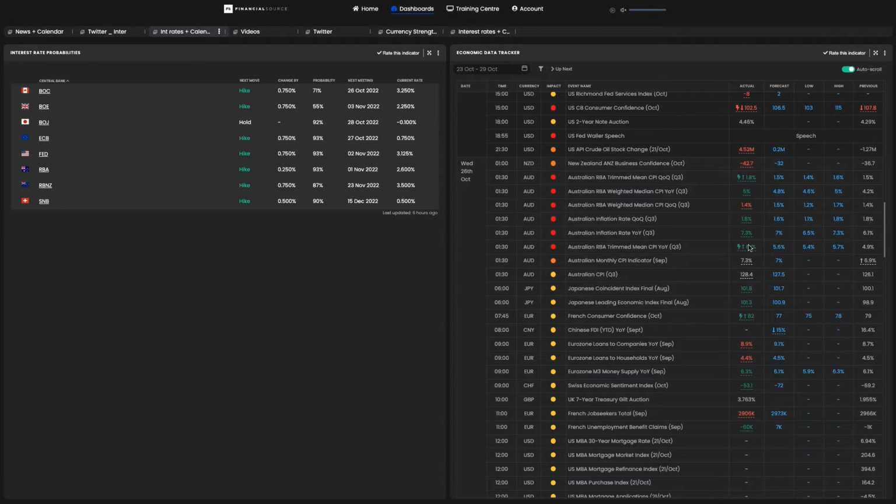The trim mean came in above the highest expectations at 6.1%. And the trim mean quarter on quarter came at 1.8%, above the high expectations. So two above the highest expectations and a beat on the headline in line with high expectations. So what that tells us is that there has been a little bit of a surprise here.